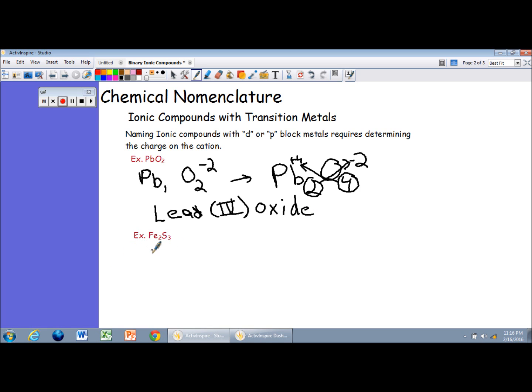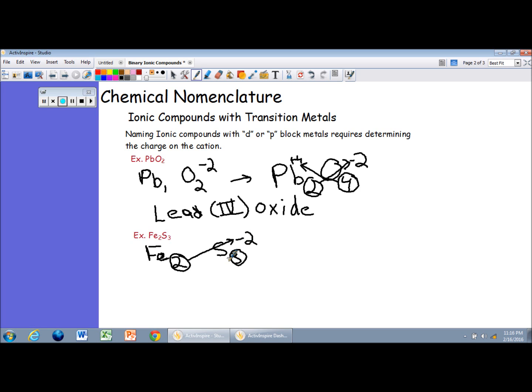So one more example. Fe2S3. In order to figure out the charge on the transition metal, we're going to uncross. So iron has 2, which is going to go back to sulfur and make -2, which works because sulfur is in group 16.